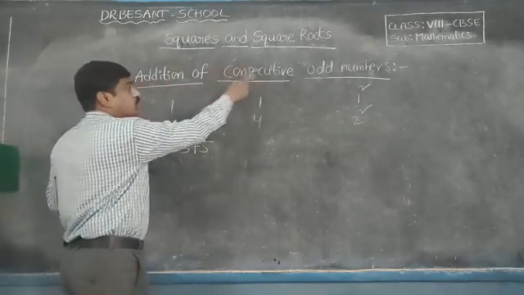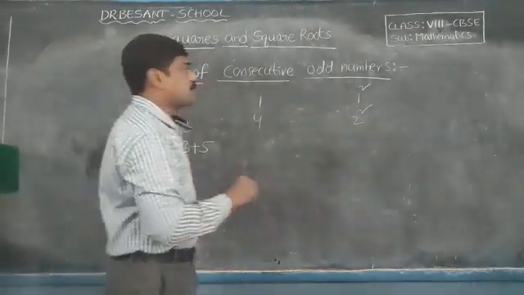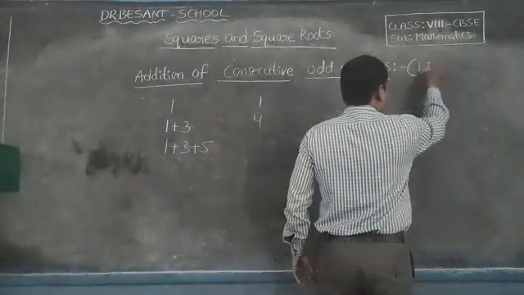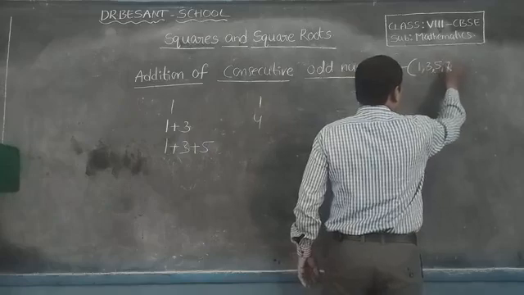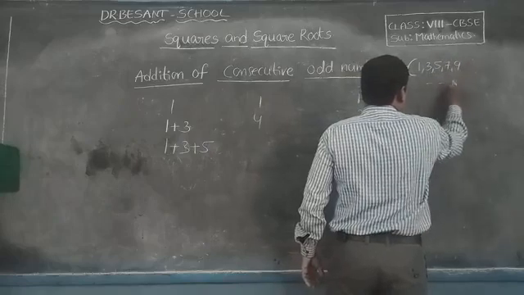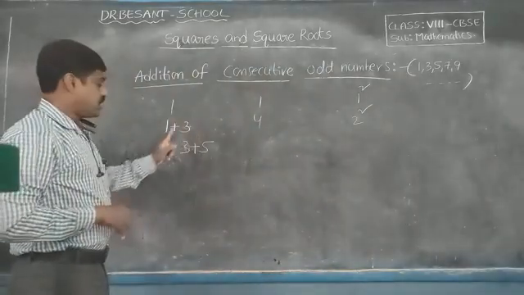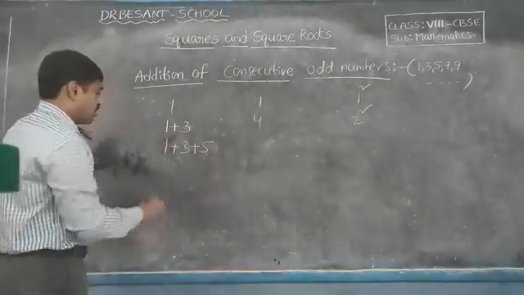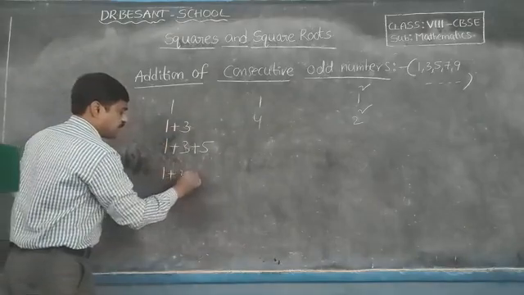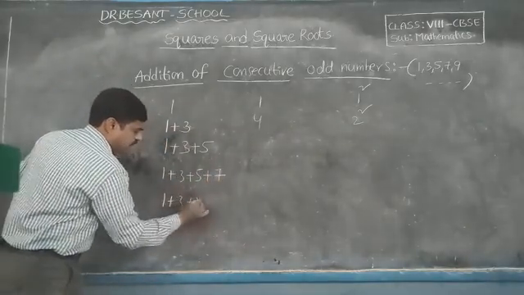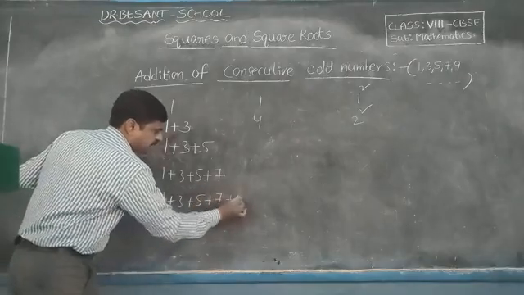Addition of consecutive odd numbers. So consecutive odd numbers are what? 1, 3, 5, 7, 9, and so on. First of all 1, next 1 plus 3, then 1 plus 3 plus 5, next 1 plus 3 plus 5 plus 7, next 1 plus 3 plus 5 plus 7 plus 9.